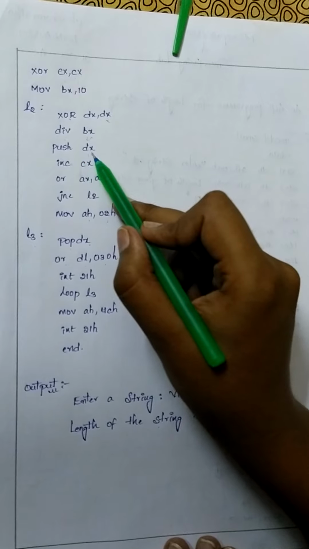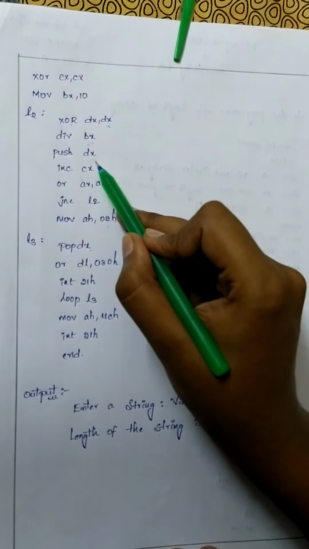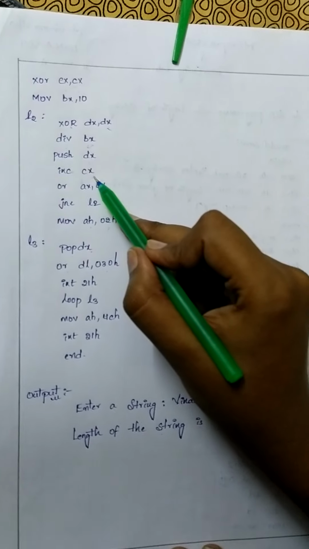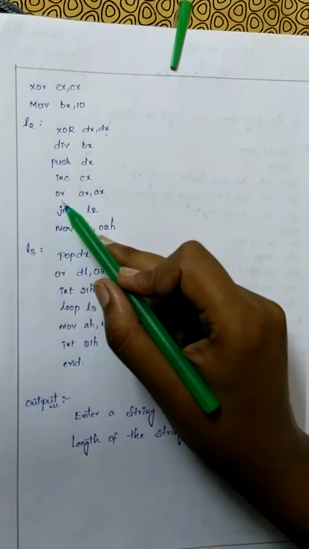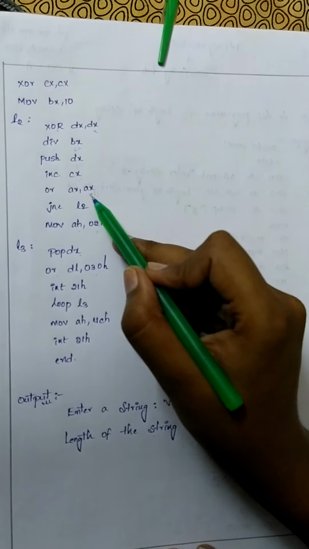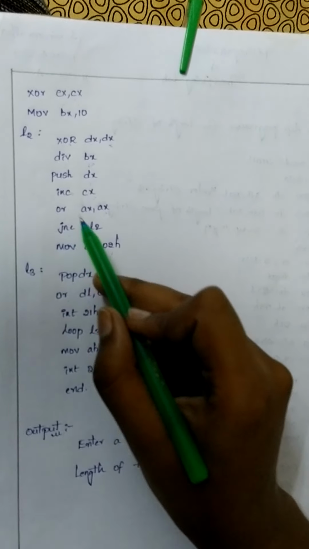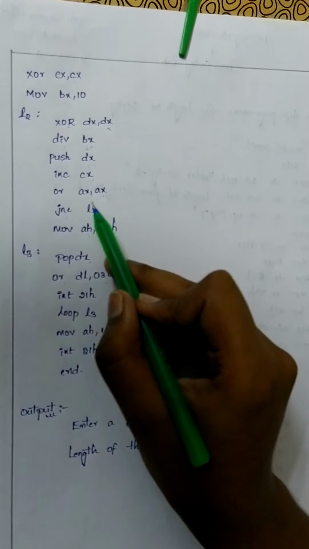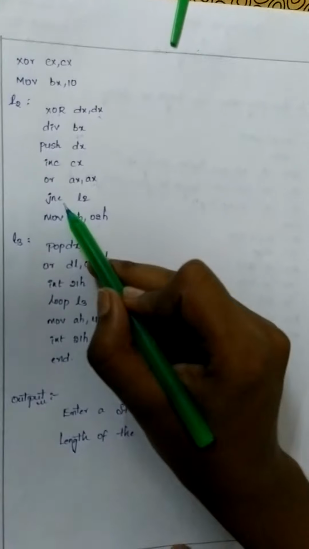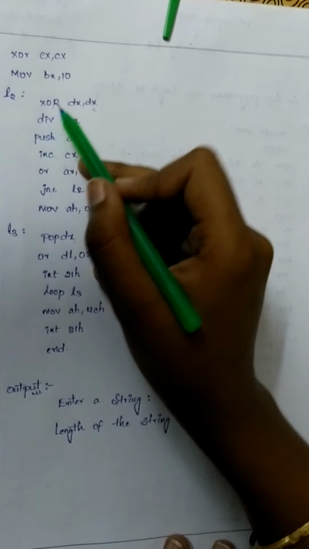We push the remainder onto the stack. Incrementing cx. The value of the cx register is incremented. OR operation is performed between the two ax registers. If they are not equal, then the loop jumps again to the starting position.